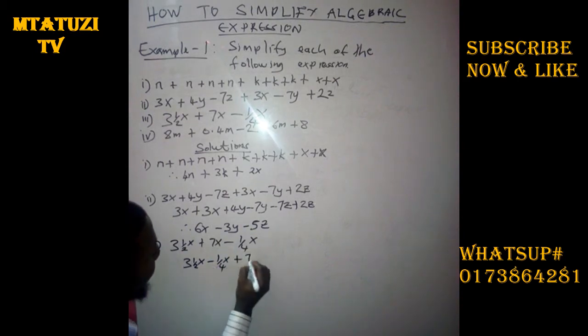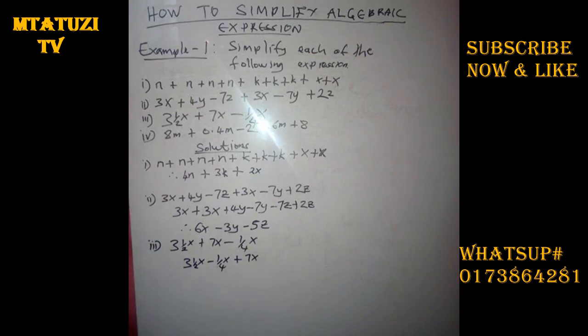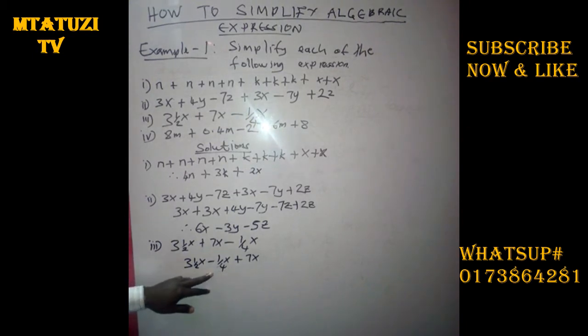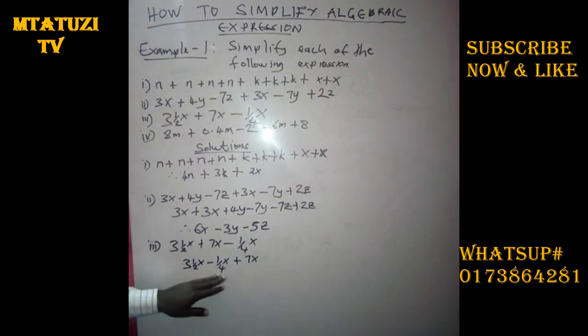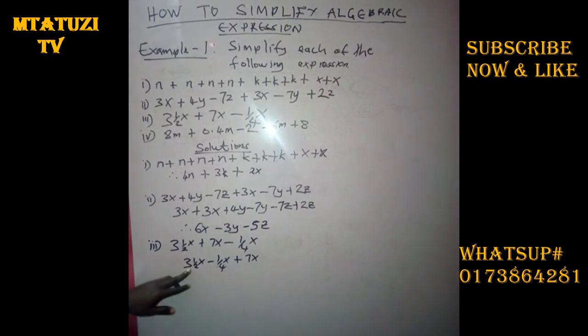Plus 7x. When we are dealing with fractions, you have to first add the fractions. How do we add the fractions? As follows. I think most of you know how to add and subtract fractions. So here we have to subtract 1 over 4x from 3 and a half x.